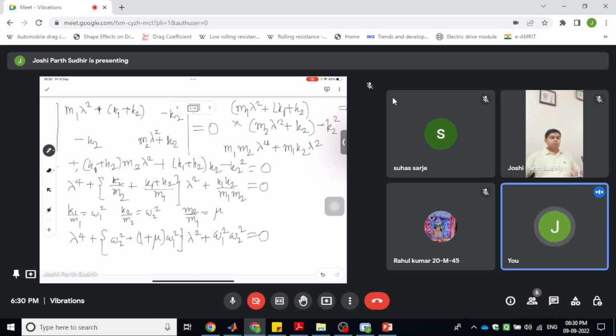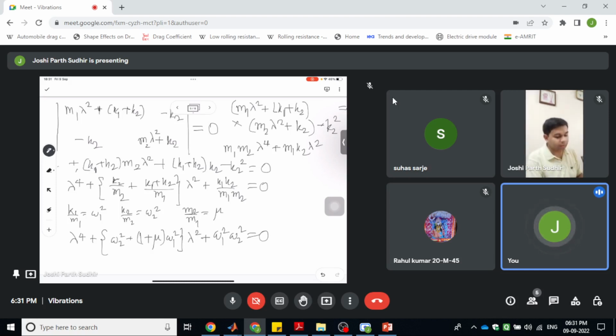So this will be basically the characteristic equation for this system, and using that we can get, so for that we have to design a vibration absorber.